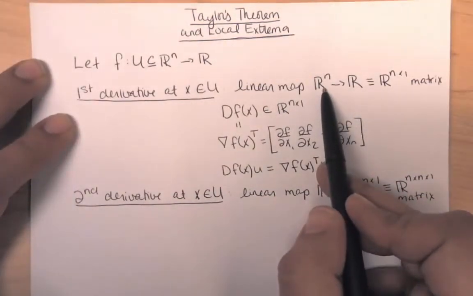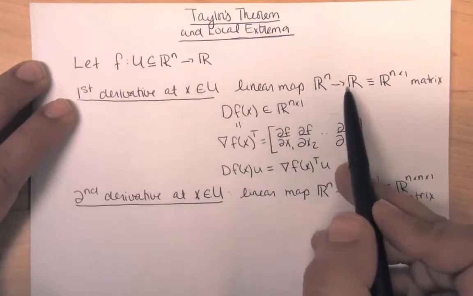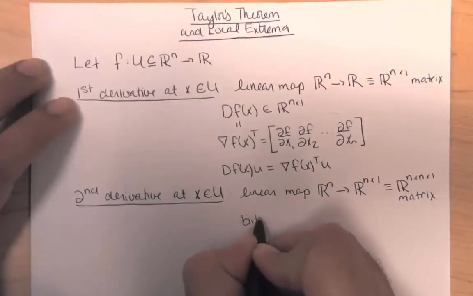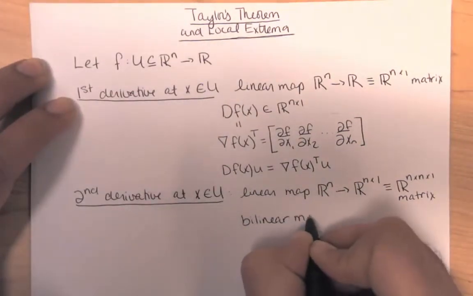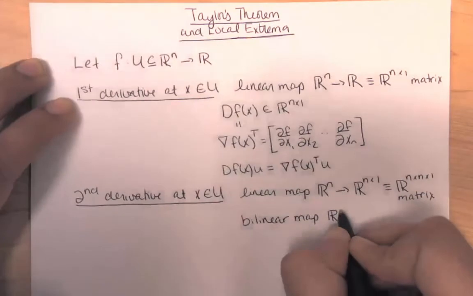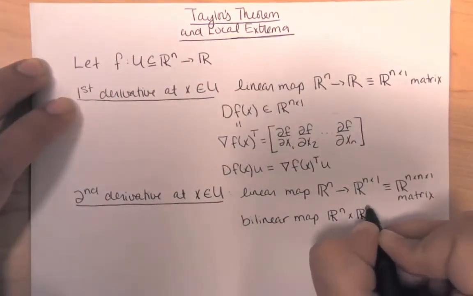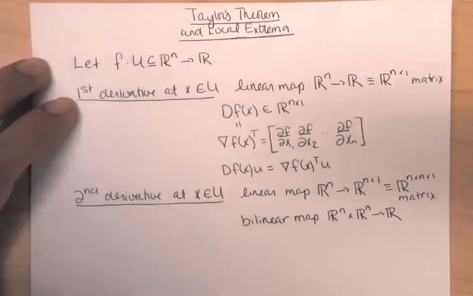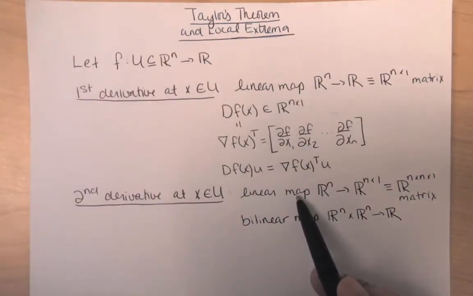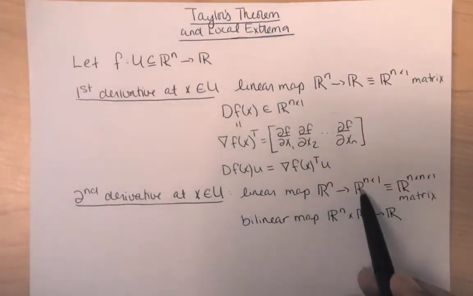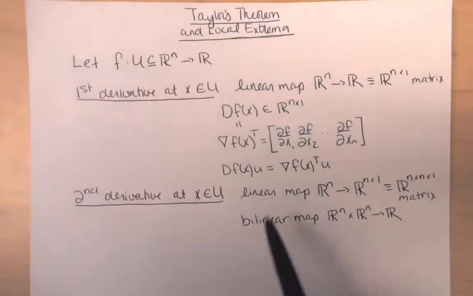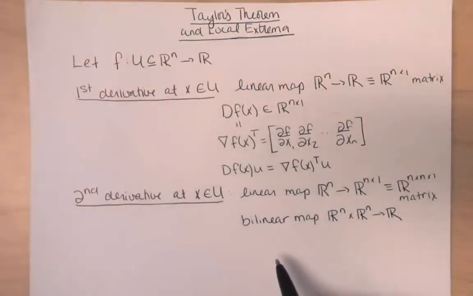Because the first derivative is a linear map from Rn to R. Another way to think of it is it's a bilinear map from Rn by Rn to R, because it maps linearly a vector in Rn to something that's Rn by 1, which itself represents a linear map from Rn to R. So I have two linear maps being performed.